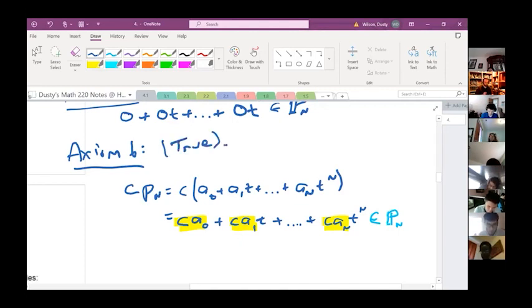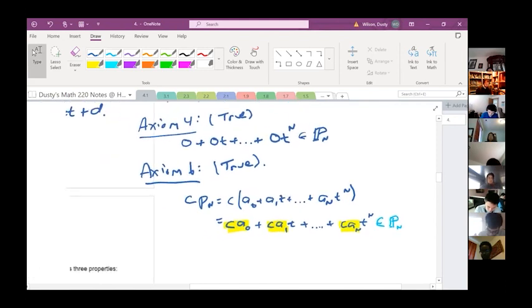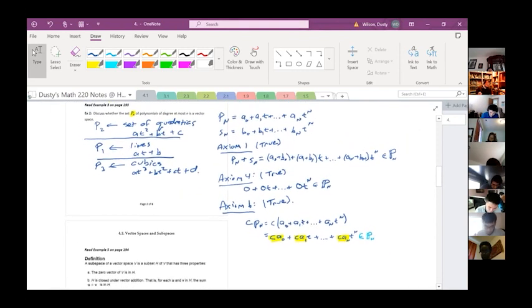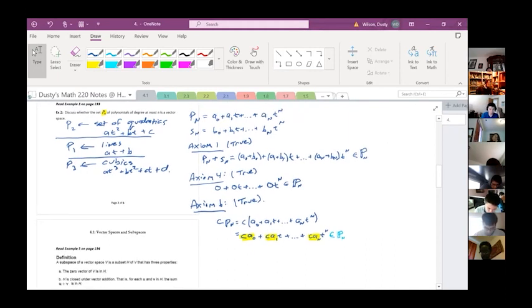And so we could go through all 10 of those axioms and verify in the end that yes, Pn is a vector space.